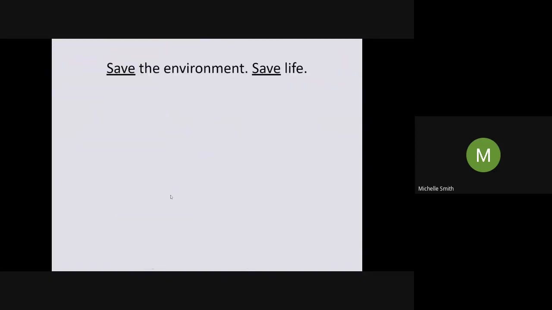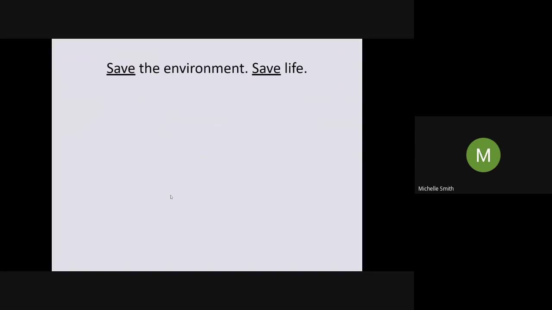Okay, so here's the example that I was just showing you of what I've written as an example, if anybody's really, really struggling and they just want to see what kind of thing that they could write. Now, remember, we do have the speech from President Gorbachev that we read about Chernobyl.